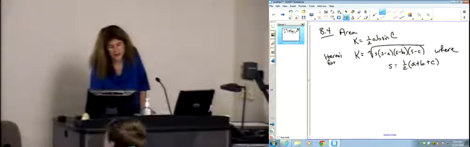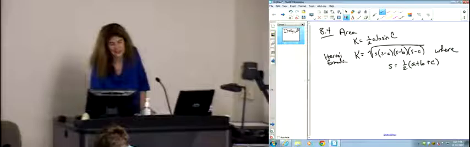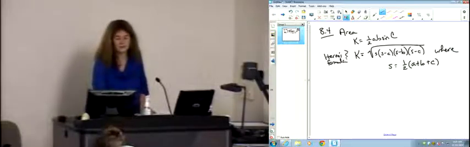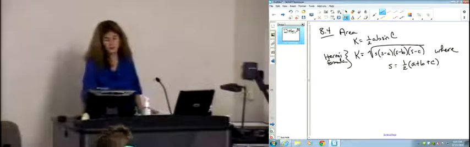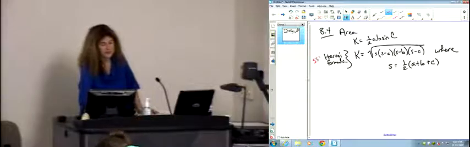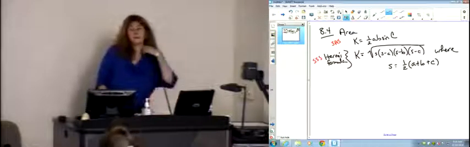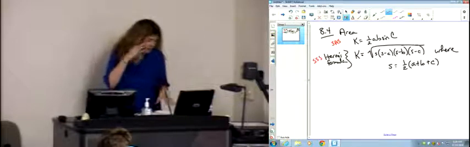The first one doesn't really have a distinct name like that, but okay. We use the second one with side, side, side. The first one if we know side, angle, side. Okay. Anybody have a question back there on that part?